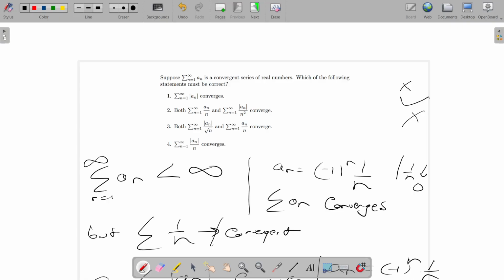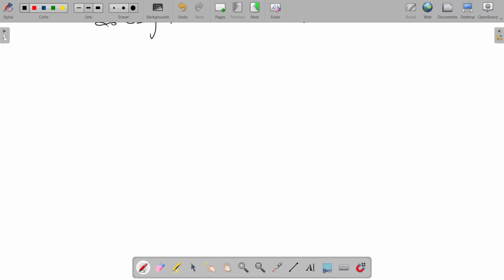We don't have to actually go through every option, because we can discard option 4 pretty quickly. It is not necessary that summation of mod a_n by n must converge.